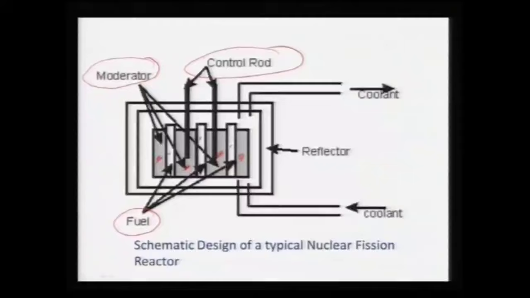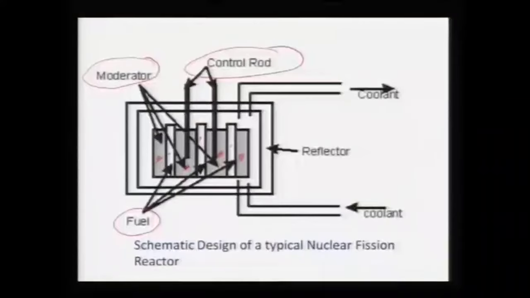So, these rods are there to absorb the neutrons, and if the operators find that this nuclear reaction is going faster than what it is designed for, these rods are inserted deeper into this core, so that they start absorbing some neutrons and the rate of fission goes down.